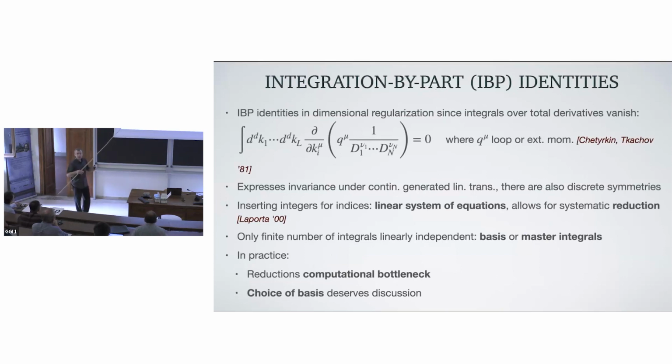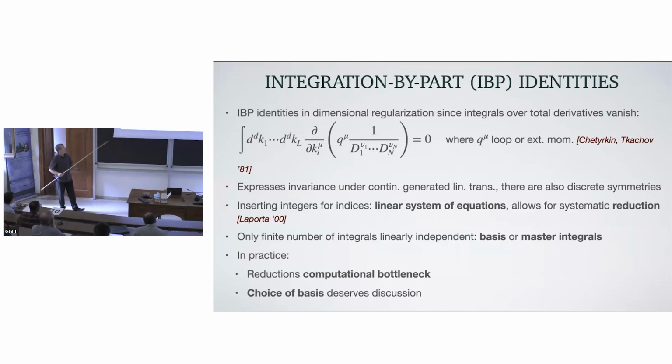In dimensional regularization, the integral over a total derivative vanishes. Now, if you evaluate this at the level of the integrand, you get a linear relation between different loop integrals.